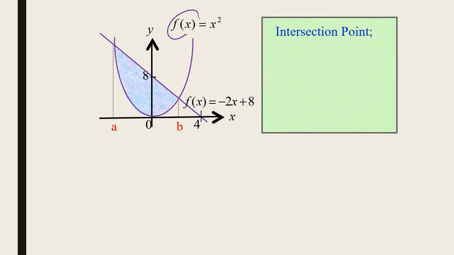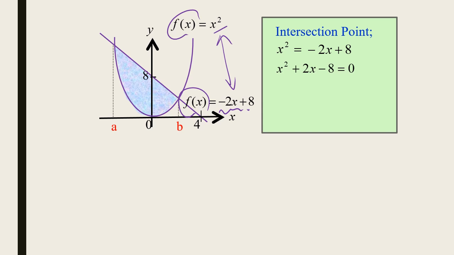Because y equals x squared and also y equals negative 2x plus 8, we just compare the right sides. So x squared equals negative 2x plus 8. This is a quadratic: x squared plus 2x minus 8 equals 0. To find the intersection points, we solve it using factorization or the formula.